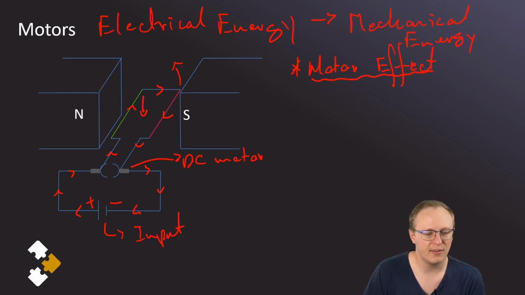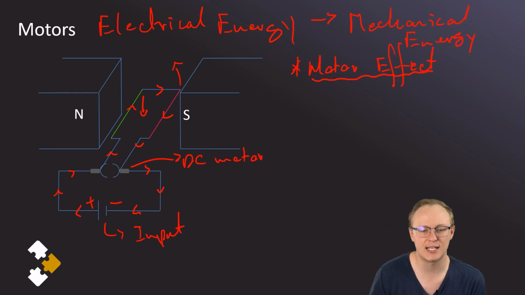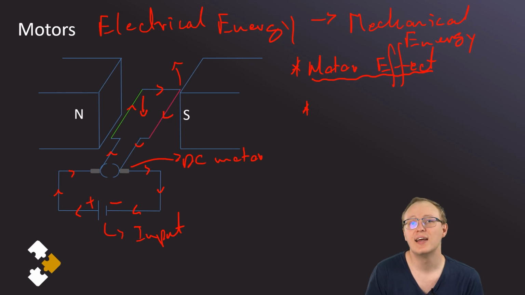The other thing that we might be curious about is, how can we increase the thrust that the motor is experiencing? That force that causes this thing to rotate, how can we increase that? Not surprisingly, it's very similar to the things that allowed us to have a greater EMF.